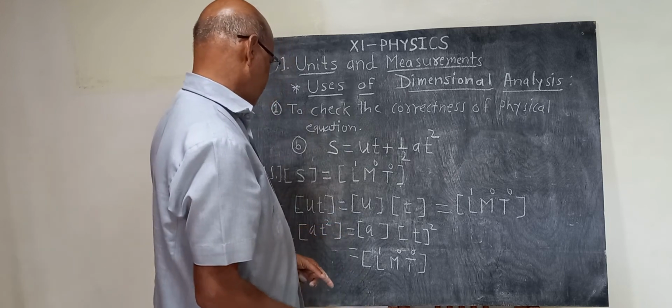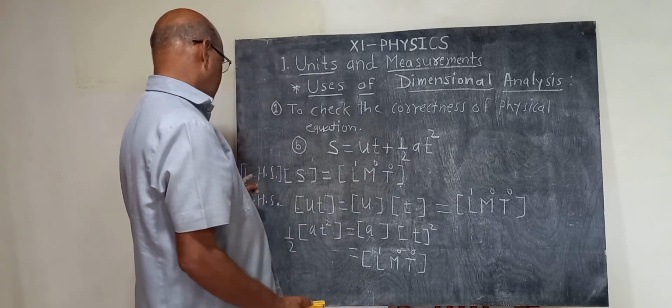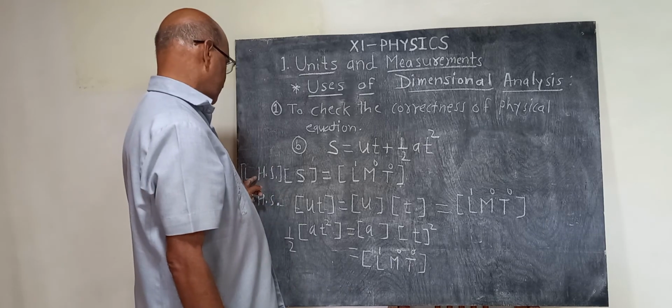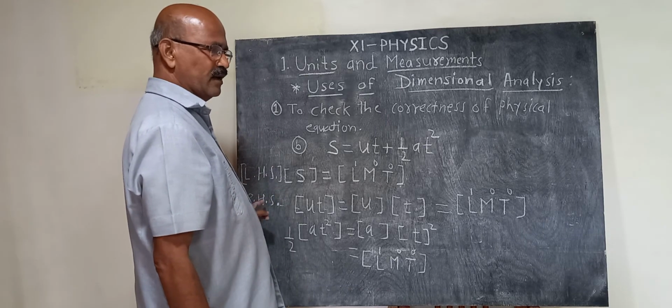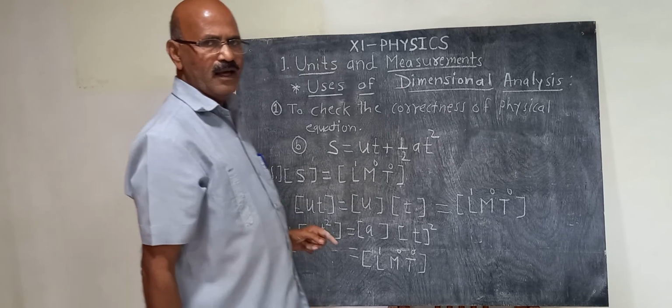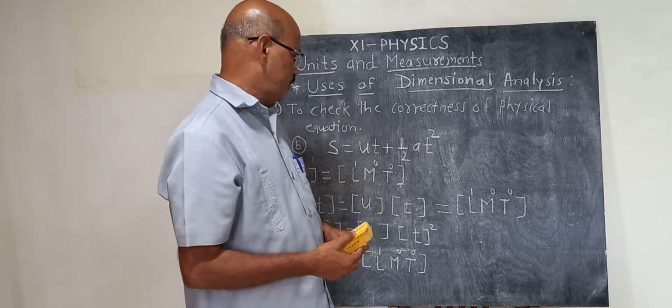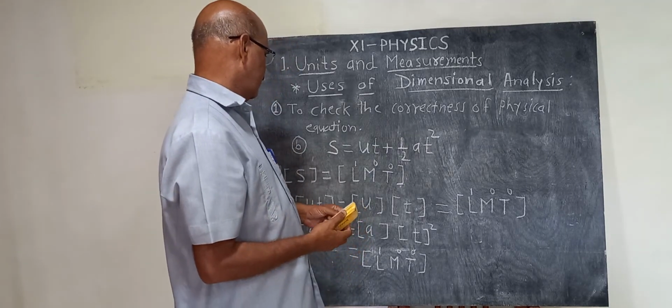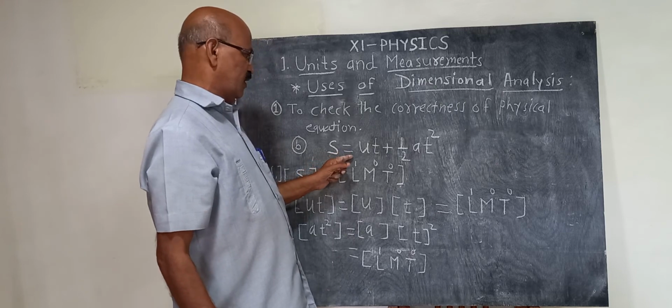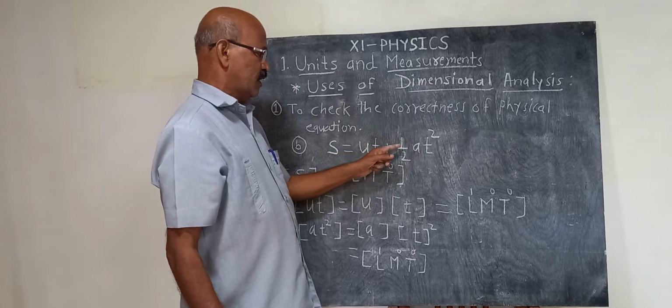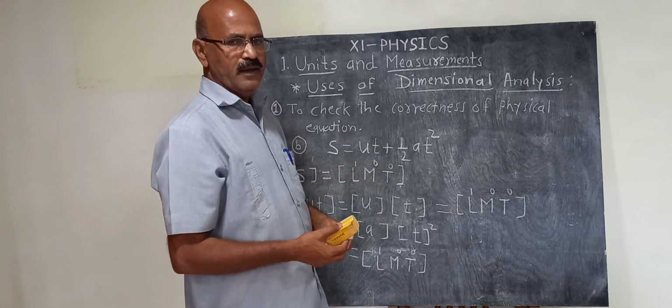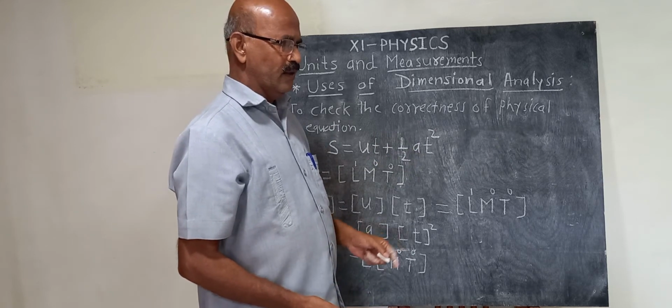So the dimensions of all the terms on the LHS and right hand side are the same, hence the equation S equal to ut plus half at square is dimensionally correct.